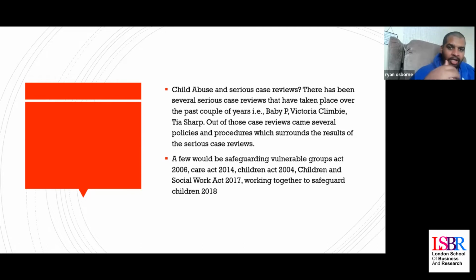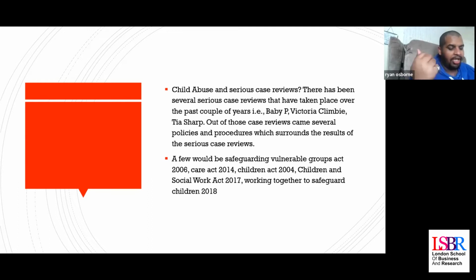When you look at people who are in care, sometimes they don't have a voice about their care. So that act was brought in so that they can improve decision making and support looked after children who are in care to make decisions about themselves.